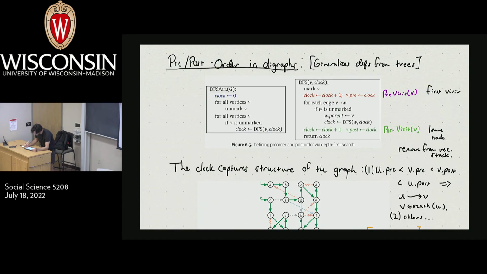Okay, so we're going to use this clock to define these things. And ultimately, the idea here is if you sorted all the vertices based on their pre, that gives you the pre-order traversal. If you sort them based on their post, that gives you the post-order traversal. So if you sort the nodes by pre, that gives you the pre-order traversal.